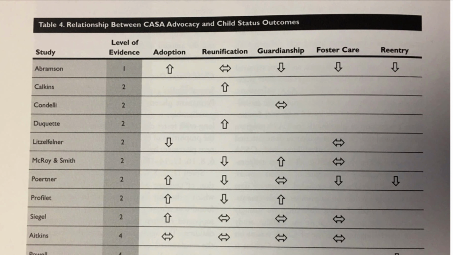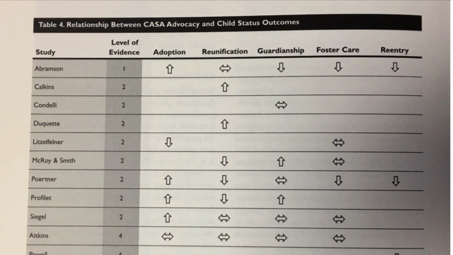We have made sort of a summary analysis. You can see the first row there, the Abramson study, the randomized controlled trial, found that children involved in the CASA program with a CASA advocate, they had a higher chance of being adopted and lower chances of remaining in guardianship, remaining in foster care, or later re-entering the system.